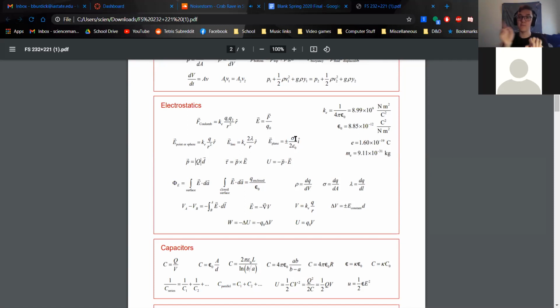Then either way, if I'm on one side or the other side, the E field is going to push me away from it. So that's what the plus and minus is referring to. The plus and minus just says it depends on which side of the sheet I'm on. If I'm on this side, if my sheet is sitting here, then I'm going to want to go this way if it's a positive charge. If the sheet is sitting here, I'm going to want to go that way. So there's a discontinuity in the direction. That's what the plus and minus means. Yeah, that's a good question.